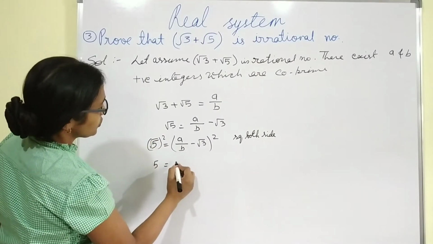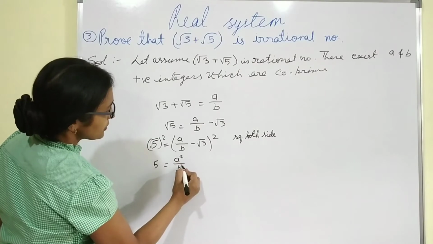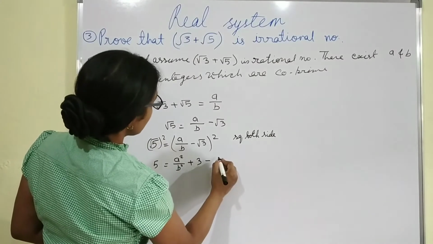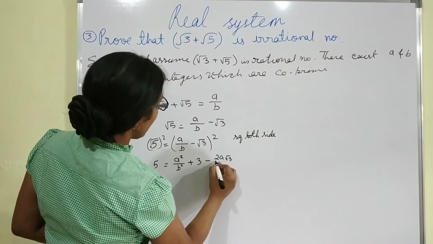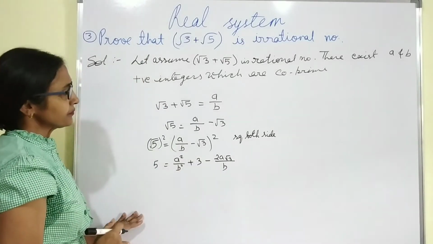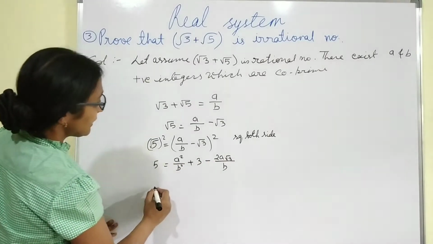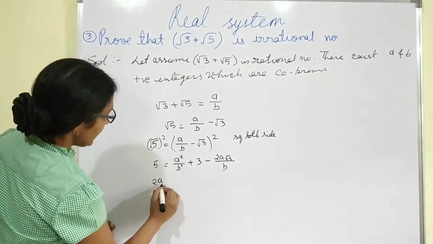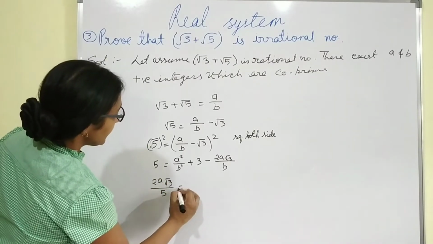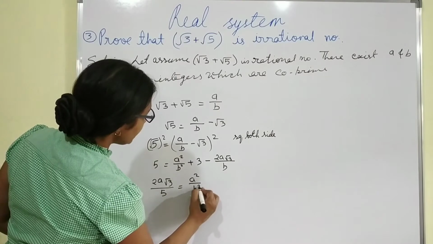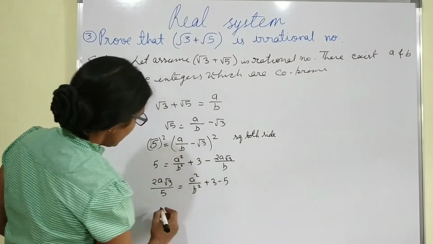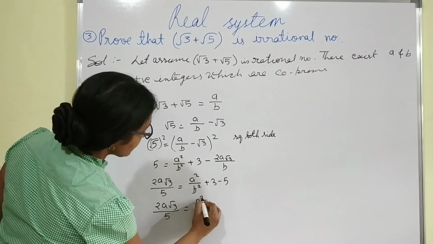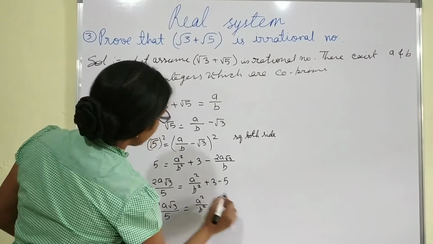So 5 equals A square upon B square plus 3 minus 2A root 3 upon B. So 2A root 3 upon B equals A square upon B square plus 3 minus 5. So 2A root 3 upon B equals A square upon B square minus 2.